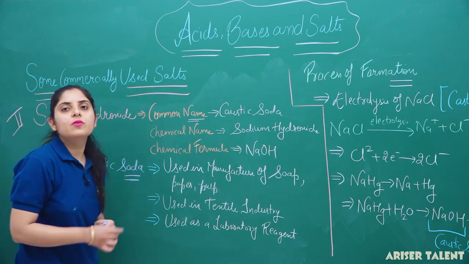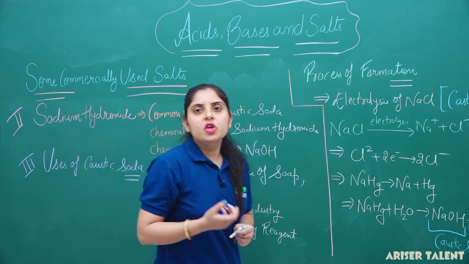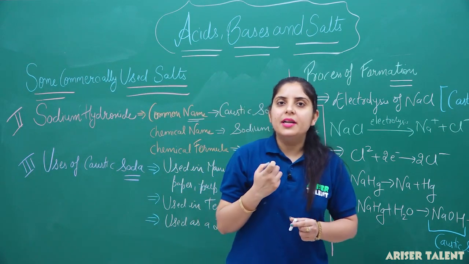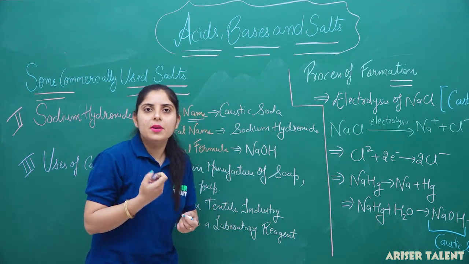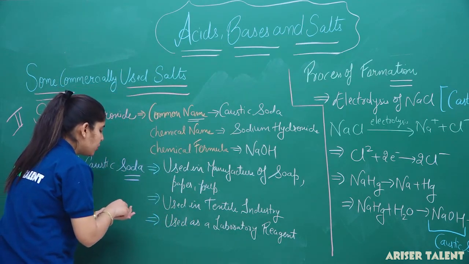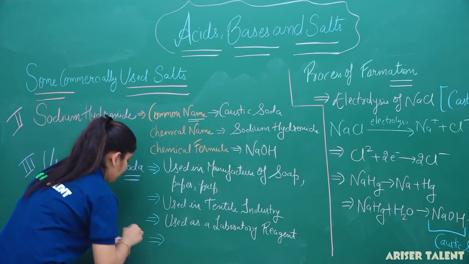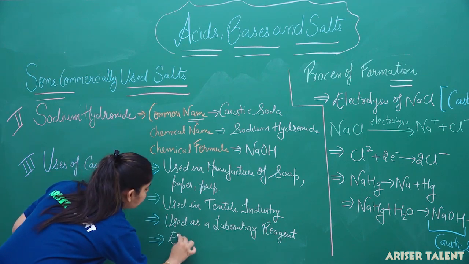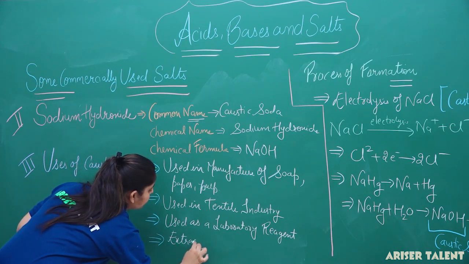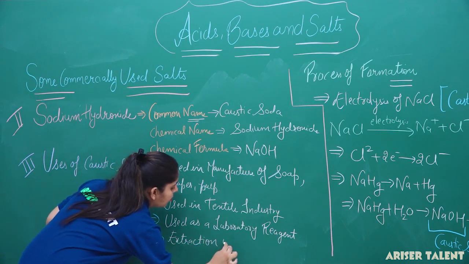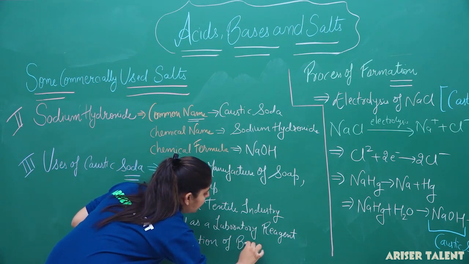Now, its final use will be in the concentration or the extraction of the bauxite ore. Bauxite is actually the aluminium ore. So, it is basically used in the extraction of bauxite ore.